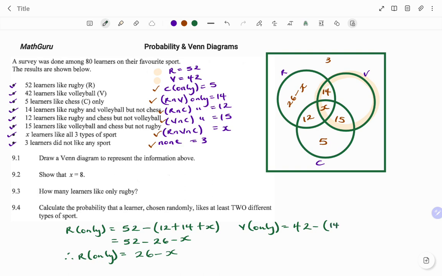So I have 14 plus 15 plus x. That's 42 minus 14 plus 15, that's 29, minus x. So therefore, V only equals 13, that's 42 minus 29, minus x. So I'm going to insert that, 13 minus x.